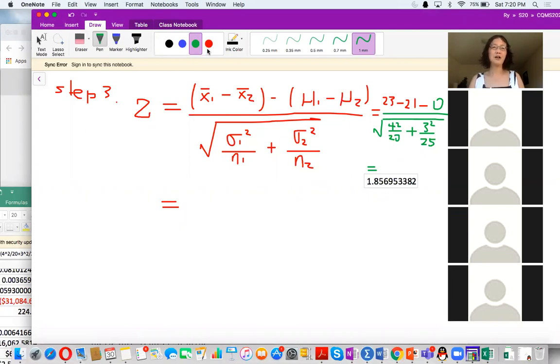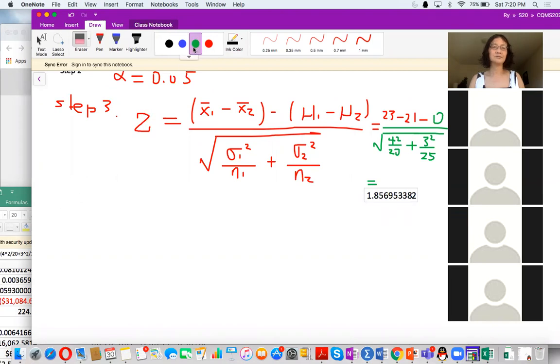And step 4, find critical value. Okay, I'm going to use this is redundancy. You can stop me to ask any questions. Okay. Step 4, find critical value. And this critical value, correct my mistake.